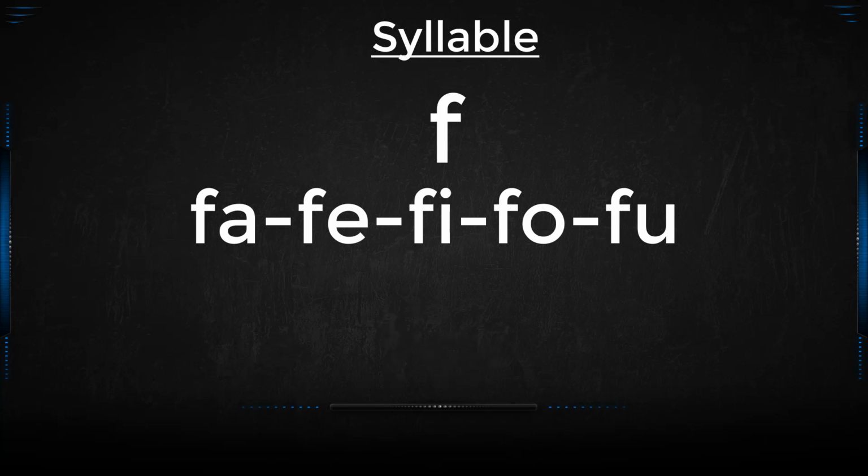Then you have F plus I, we pronounce it as fi, because I in Swahili is E. Then F plus O, we pronounce it as fo. Then the sound F plus U is fu. So what we have at the end is fa, fe, fi, fo, fu.